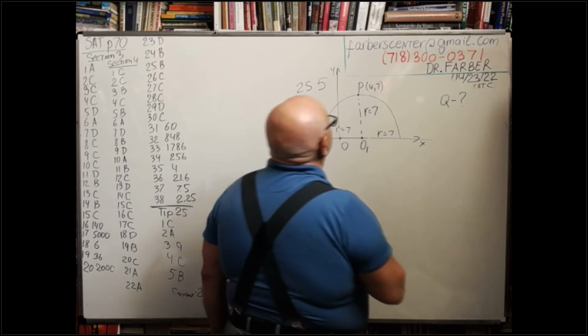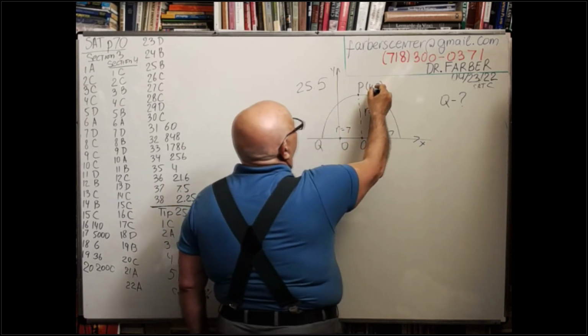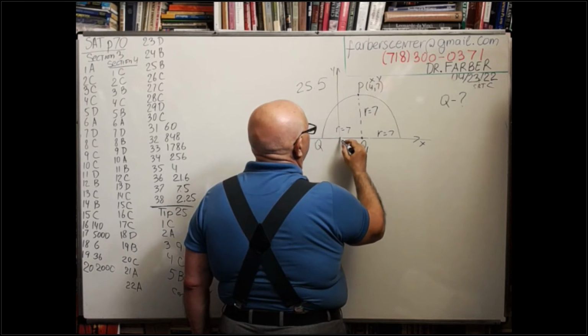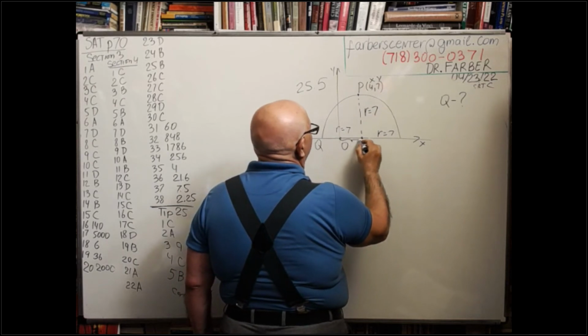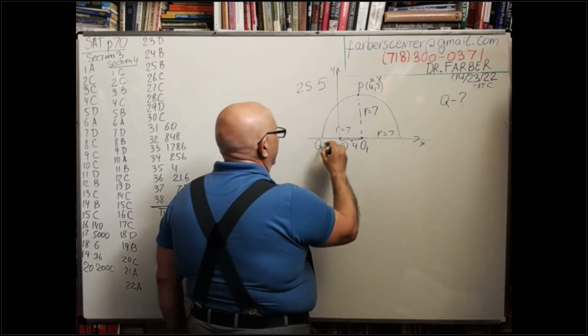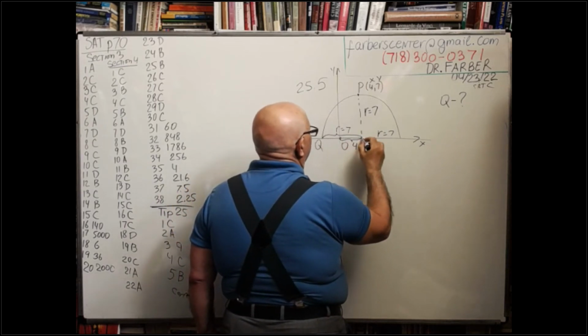From another side, since the x coordinate of the ordered pair is 4, this segment is 4. And this segment is 7.